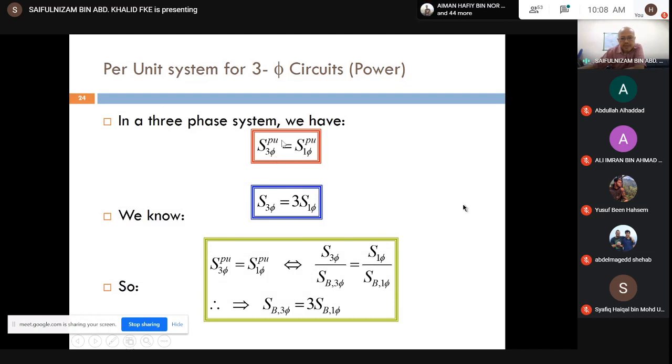However, in per unit, the values are similar for 3 phase and single phase. By arranging this equation, the S base 3 phase equals 3 times S base of 1 phase. This is the base value or reference value in volt ampere, kVA or MVA.